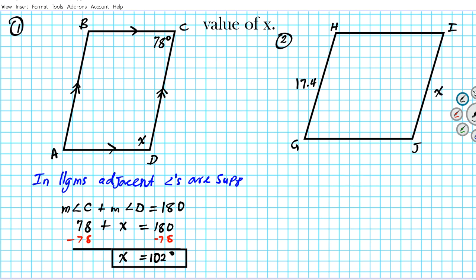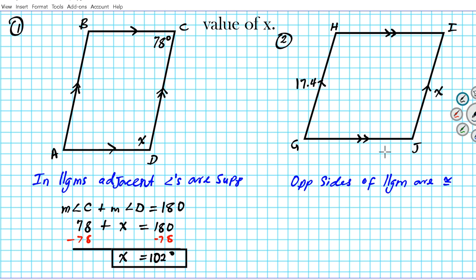First of all, what do we know about parallelograms? We know that opposite sides of a parallelogram, so this is parallel to that. Opposite sides of parallelograms are congruent and parallel, but we just care about the congruency part here since we're dealing with measures. So we're going to state that opposite sides of a parallelogram are congruent.